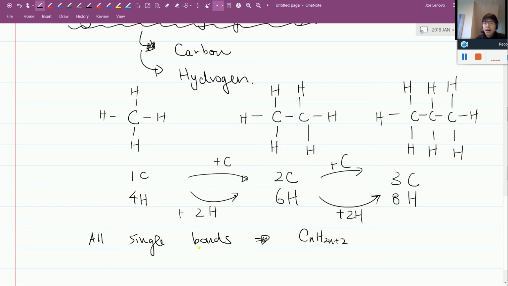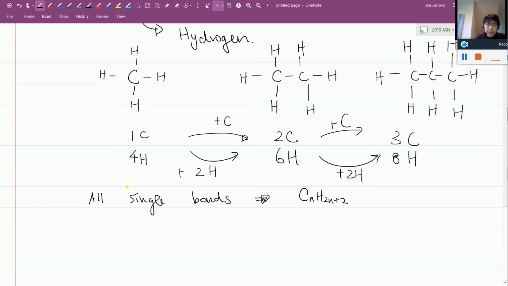So if you're talking about a molecule with, let's say, 20 carbons, what would be the number of hydrogens? The number of hydrogens would be 2 times 20 plus 2. You will find that the one with 20 carbons joined together would have 42 hydrogens, 2n plus 2.